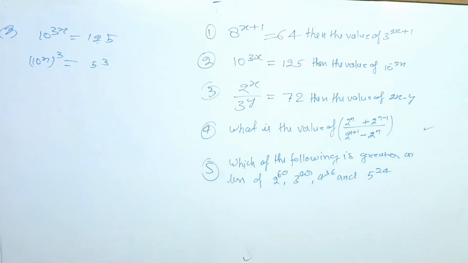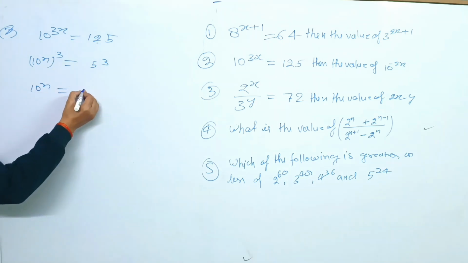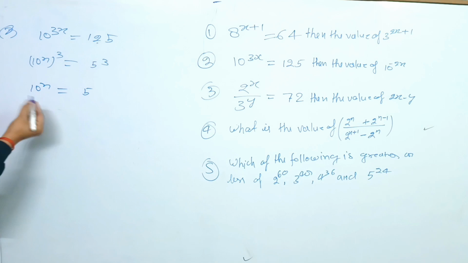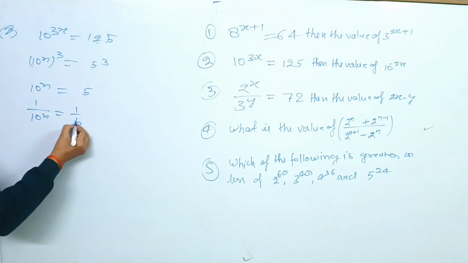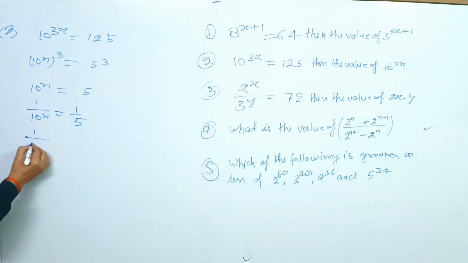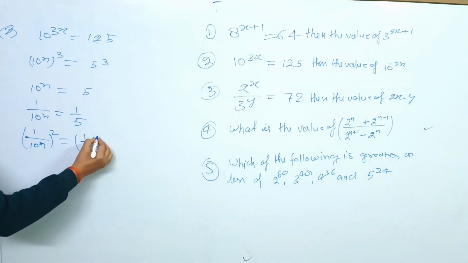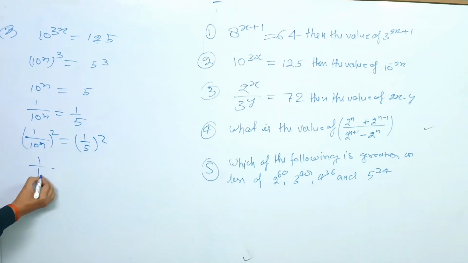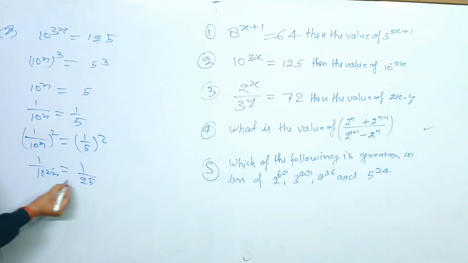On taking the cube root on both sides, 10 to the power x is equal to 5. Reversing this equation, 10 to the power minus x is equal to 1 over 5. On squaring both sides, 10 to the power minus 2x is equal to 1 over 25.